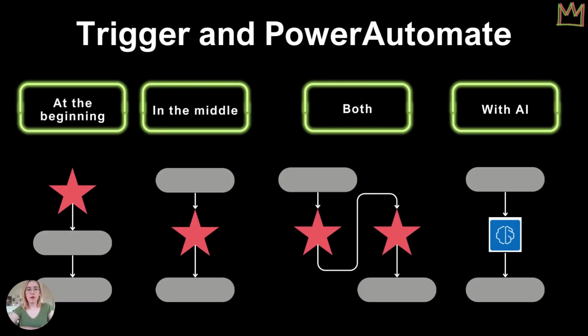So I brought a few examples of when and how we can use triggers and Power Automate and customer insights. We have, in this case, four different possibilities. On the one side, we can start a journey with a trigger. We can also trigger a trigger in the middle of a journey.